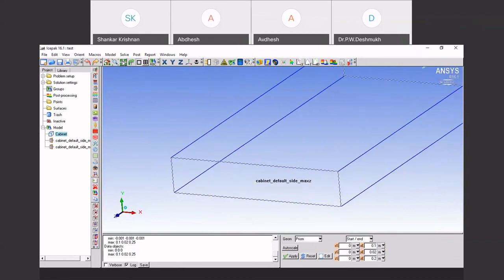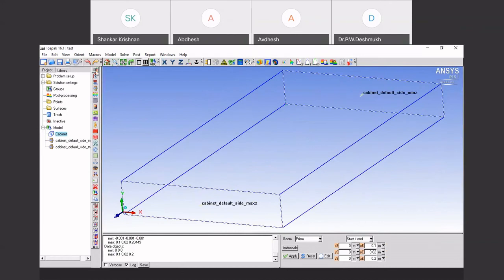If you see, there are a number of options that they have created. You can create openings, you can create periodic boundaries, you can create grills. Like I can make this a grill. Like in a desktop, you will see that the front side has a grill for filtration.